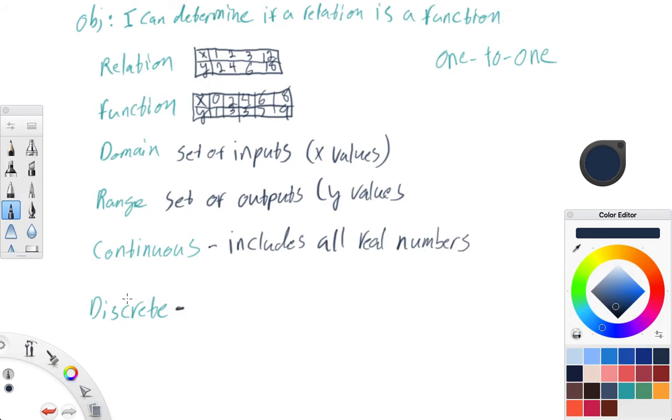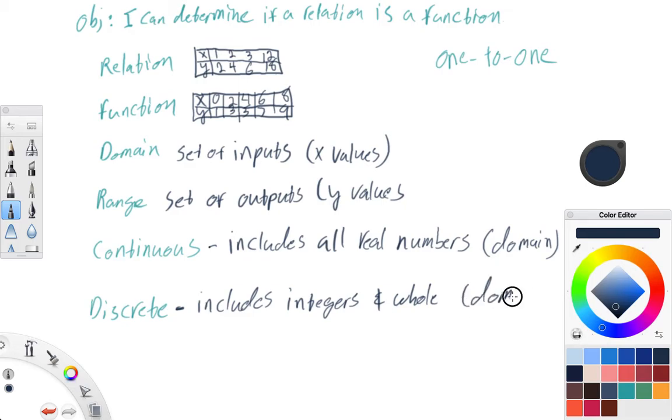And discrete, I wouldn't call it the opposite of continuous, but for continuous the domain of a function is all real numbers. Remember our domain is our inputs. And for discrete, it only includes integers and whole numbers. And again, we're talking about the domain.